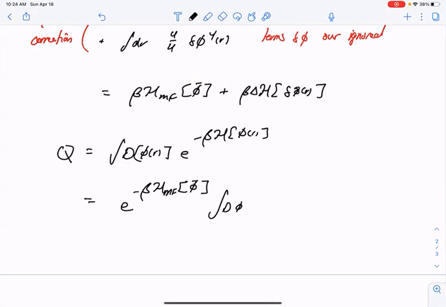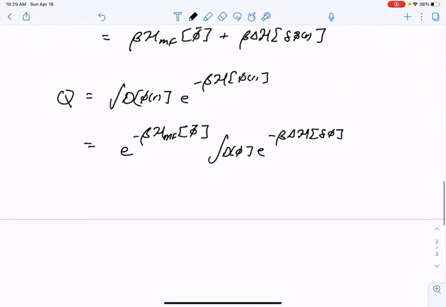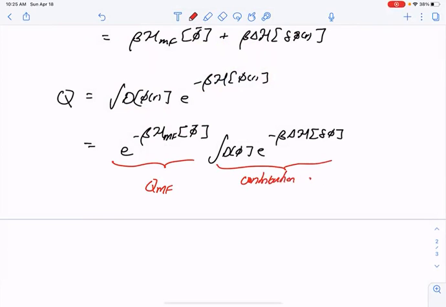Phi is just a number, times a path integral weighted by the fluctuation correction term. So just as with our decomposition of the Hamiltonian, we have a decomposition of the partition function into a mean field piece and a contribution due to fluctuations. In mean field theory, we assume that this is negligible.